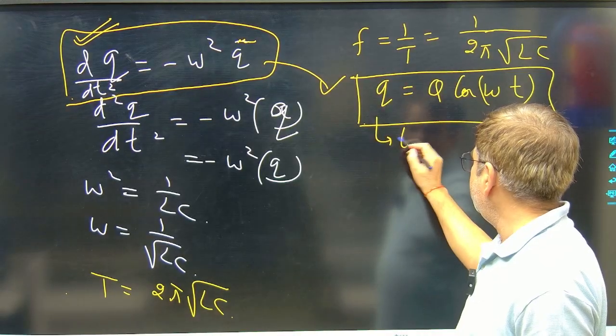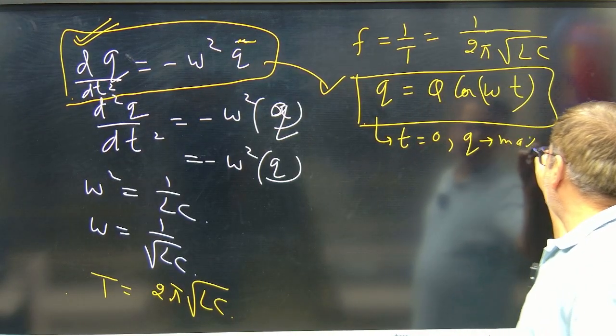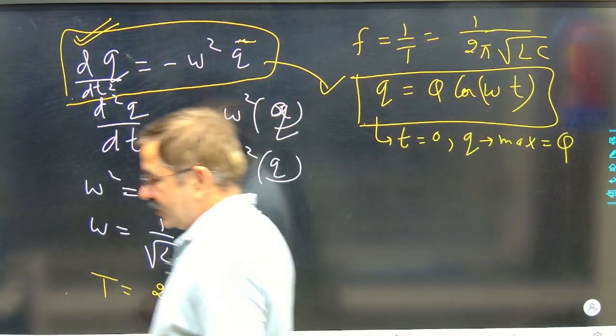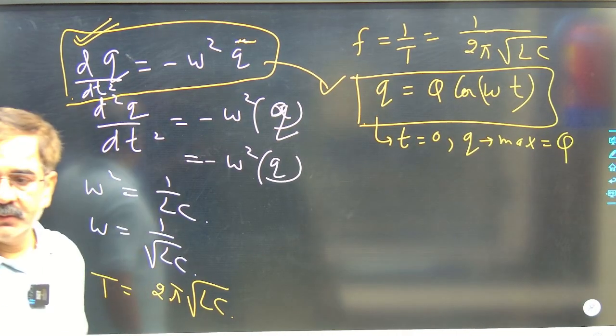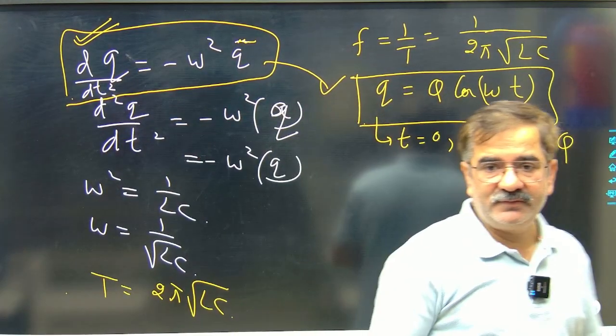Because at t is equal to 0, this Q was getting maximum value and this is capital Q. So I am following this function. So this result for charge flow in the circuit we can get.